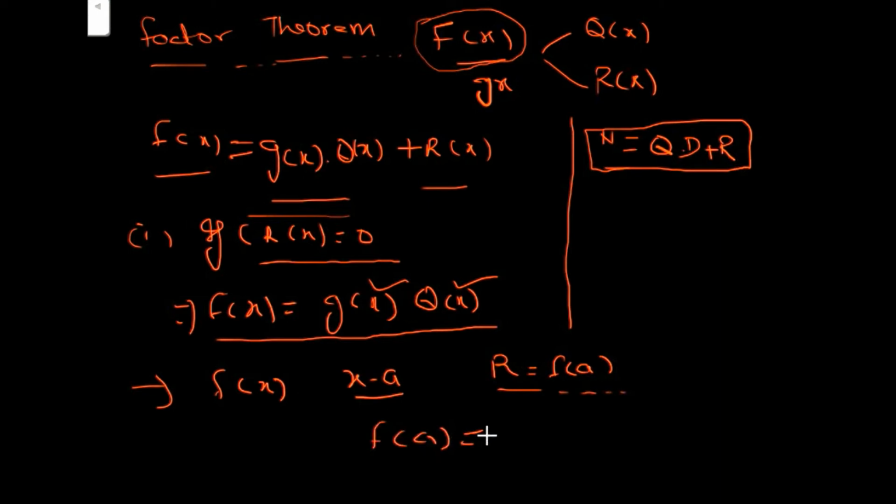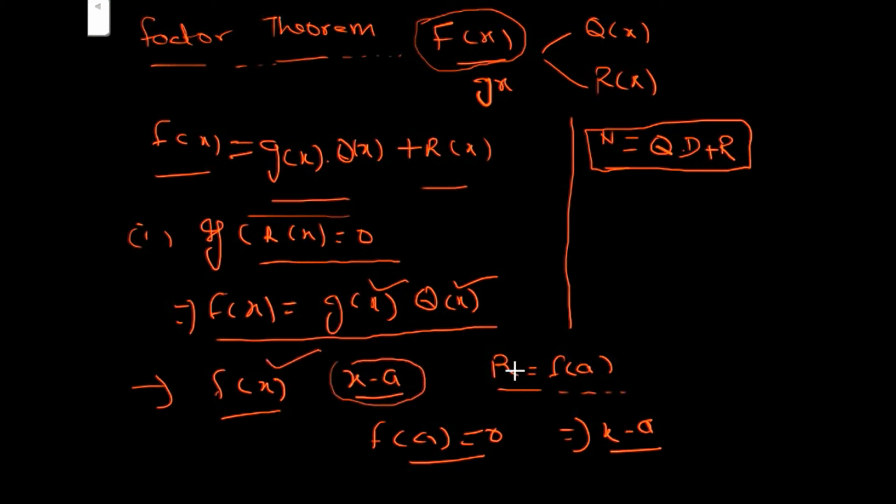If f(a) is equal to 0, this implies that x minus a is a factor of this f(x). That's clearly understood: if I divide f(x) by x minus a and the remainder comes out to be 0, that means x minus a is a factor of this polynomial.